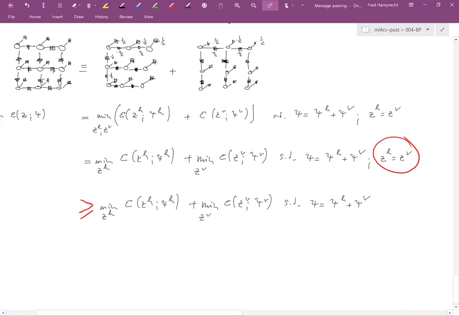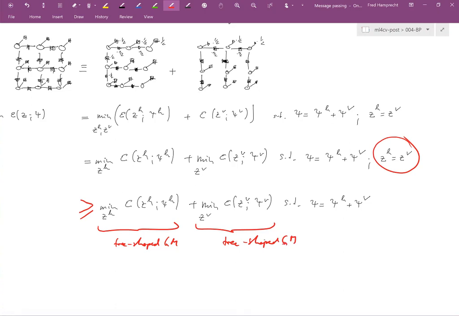Okay, but now here I have a tree-shaped graphical model, and there I have a tree-shaped graphical model, and they're independent, so I can just solve them exactly by message passing, as we have just seen. But now I've omitted this condition, and I want to make up for some of this.